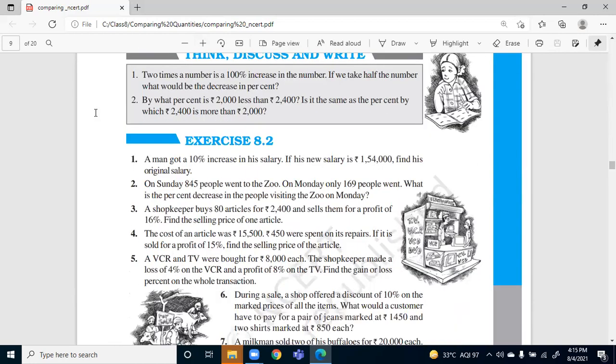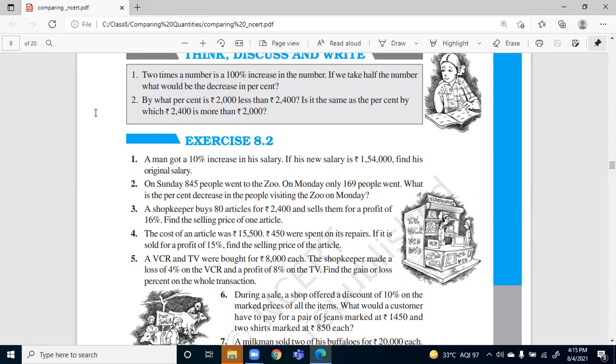So we are moving to exercise 8.2 of NCERT, that is of percentage. I will explain each and every question so that you get the understanding of percentage. So there are two types of things: either there is an increase of something or there is a decrease.